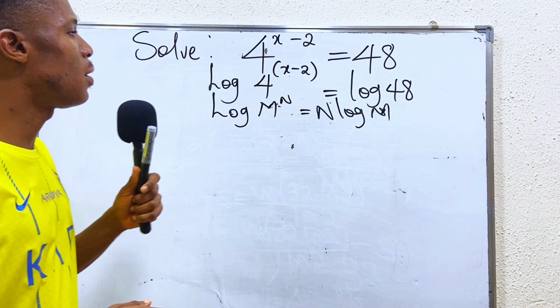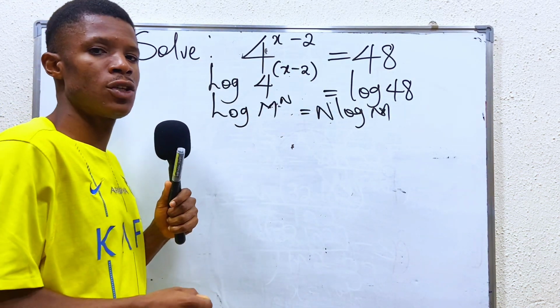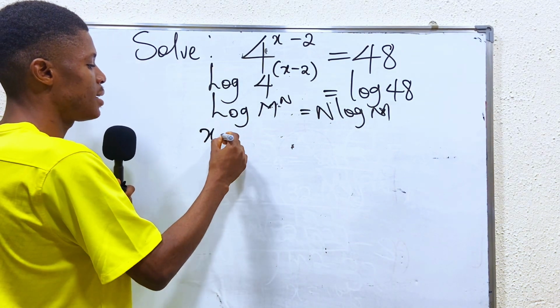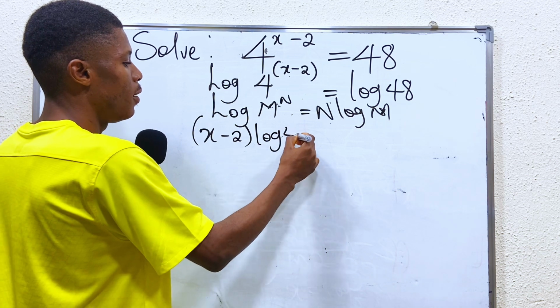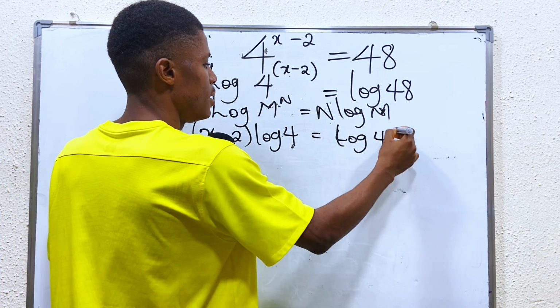Good. If we understand this, we are going to multiply the power x minus 2 to the log. So if I multiply, I have x minus 2 multiplying log 4, and that's equal to log 48.